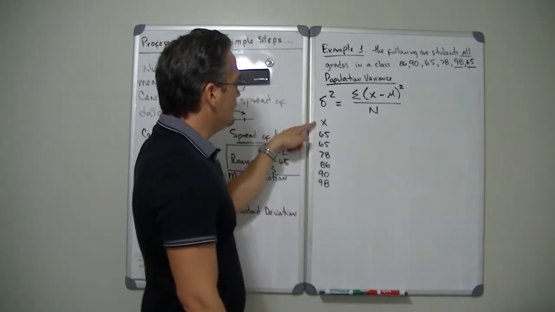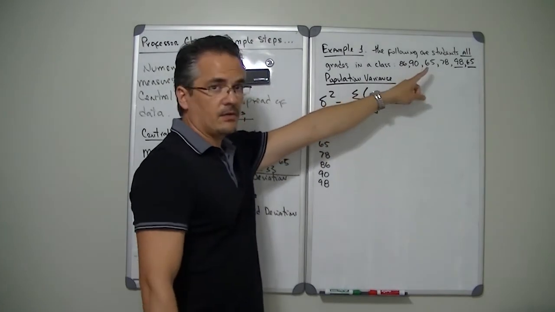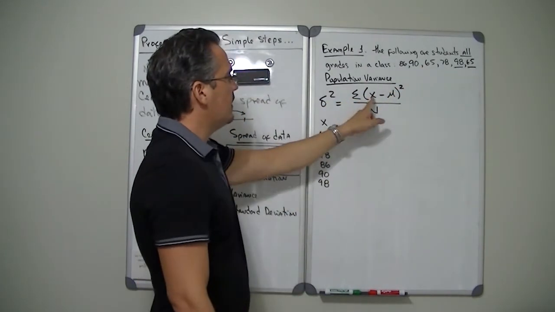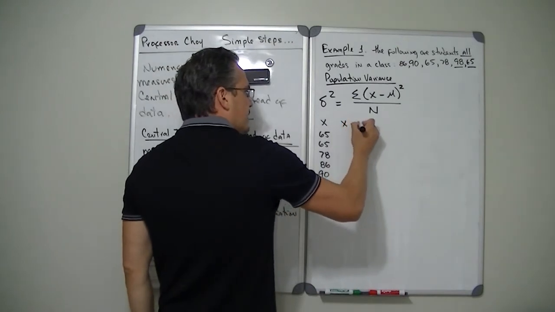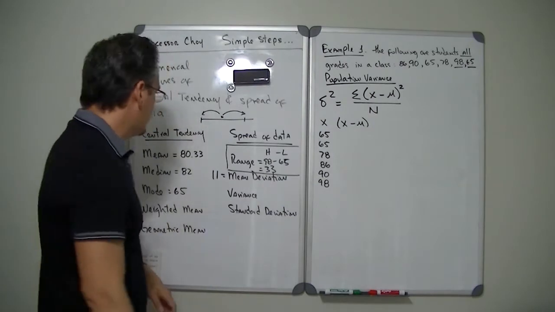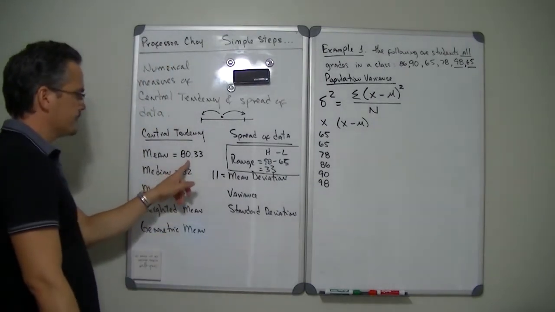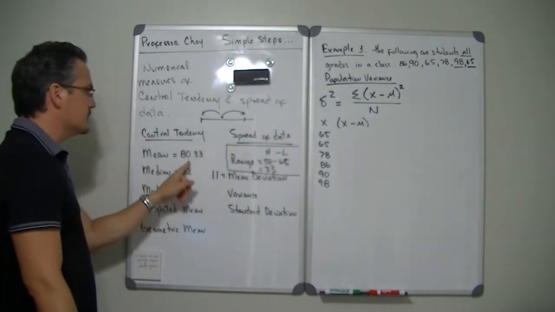So these are our x's, that's the data set that we have, and we now have to subtract our mu. So we've got to do x minus mu. Remember, mu was this number that we have here. So we do this minus that.